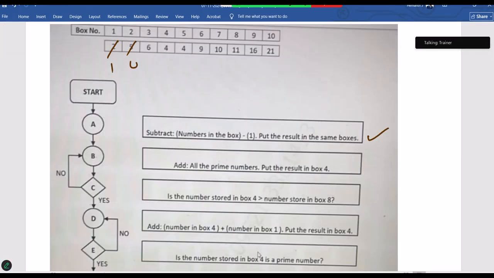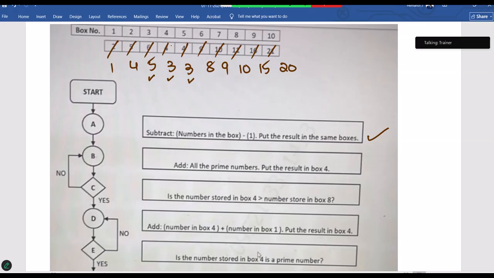Then this will be 1. This will be 4, 5, 3, 3, 8, 9, 10, 15, 20. Everything decreased by 1. Next, all the prime numbers, put the result in box 4. What are the prime numbers? 5 is there, 3 is there, 3 is there. Add all the prime numbers, right?